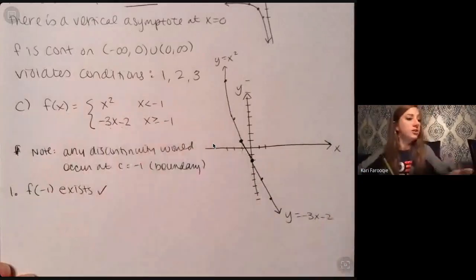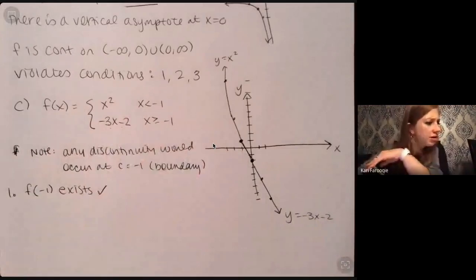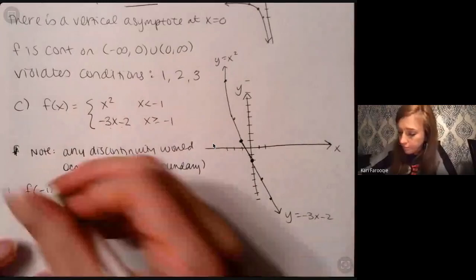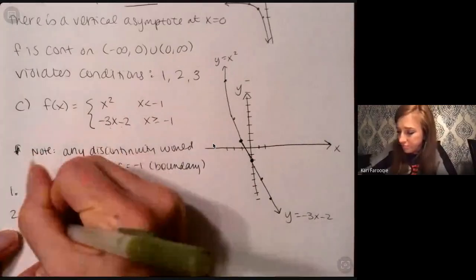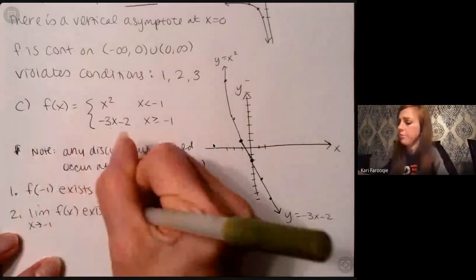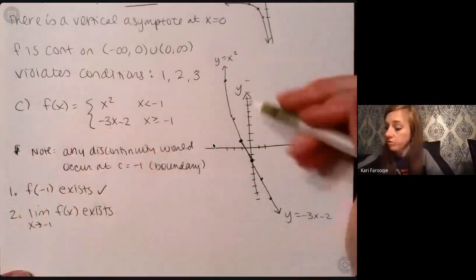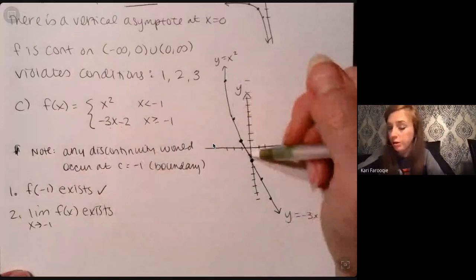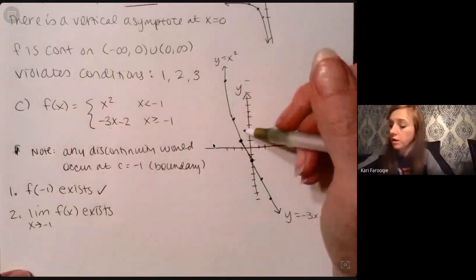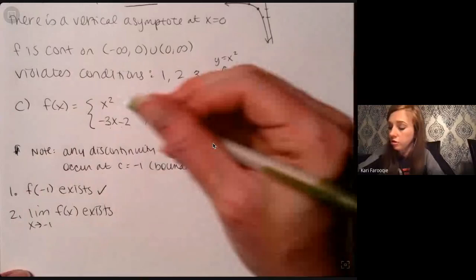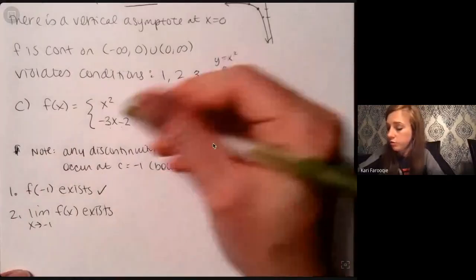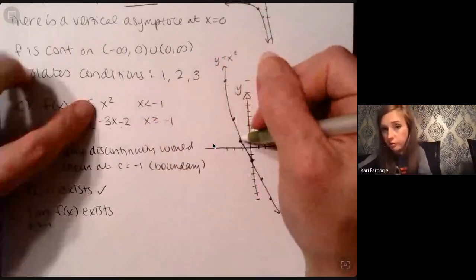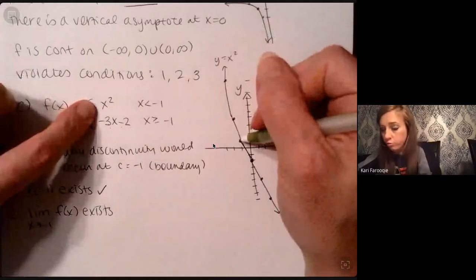The second condition for continuity was that the limit as x approaches c exists. So we can look at that. Now, talking about the limit, clearly you can see that the limit would exist, but if you want to think about it in terms of left and right-hand limits, even though your function did not actually define -1 for this first piece, you can still see that the limit as you approach -1 from the left would be +1.